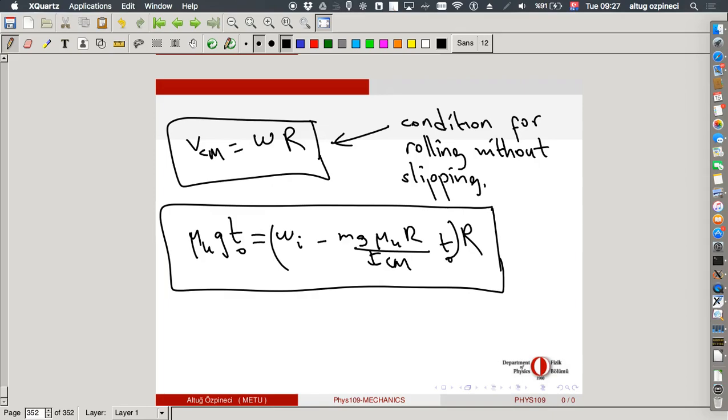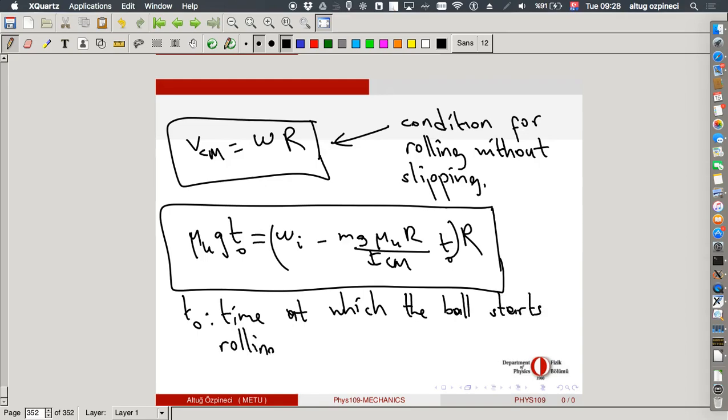Let's say this is t0. This is t0, the time at which the ball starts rolling without slipping.